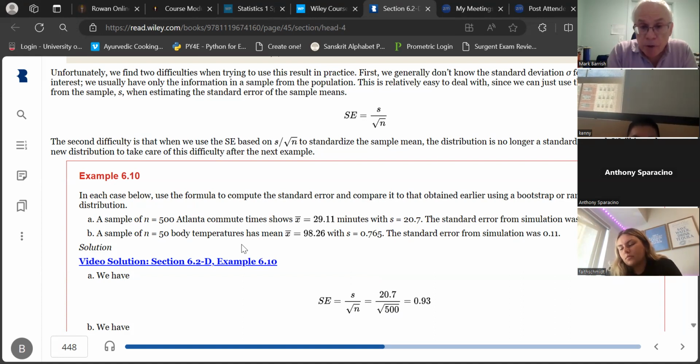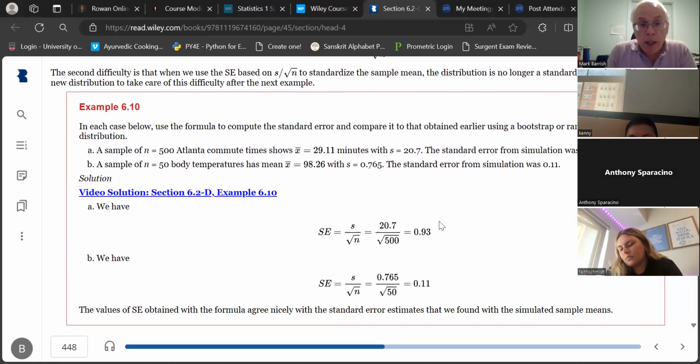Let's ignore the simulation part of it from STAT 2260 because we won't be using it now. If we plug those two numbers into the formula, 20.7, the sample standard deviation, goes in the numerator, and the sample size, 500, goes inside the square root in the denominator. Using our calculator, we get 0.93 as our standard error.